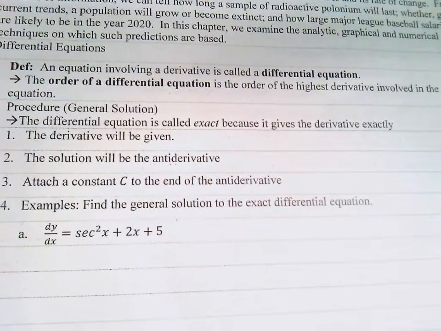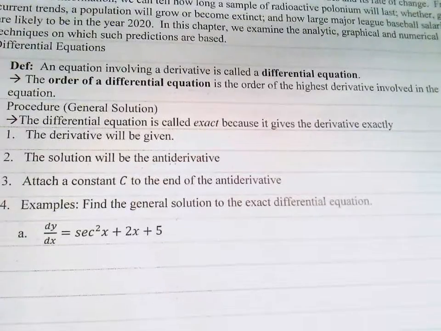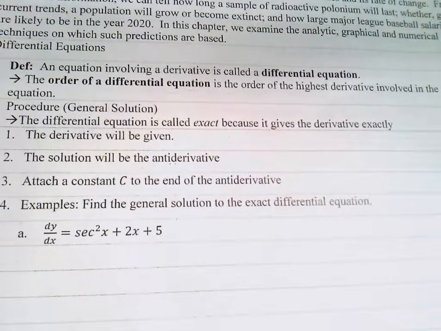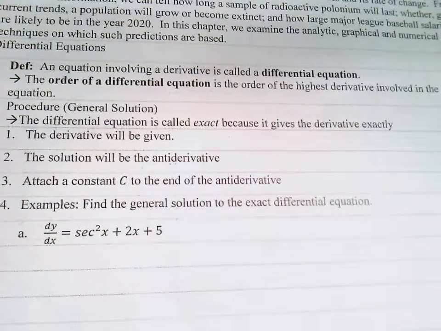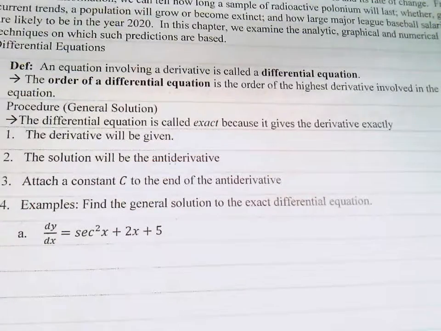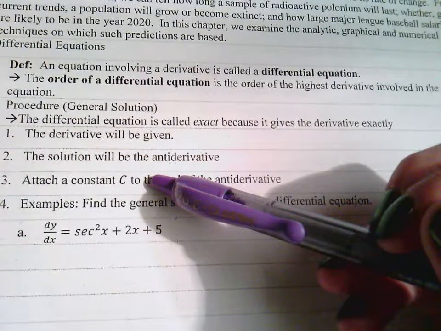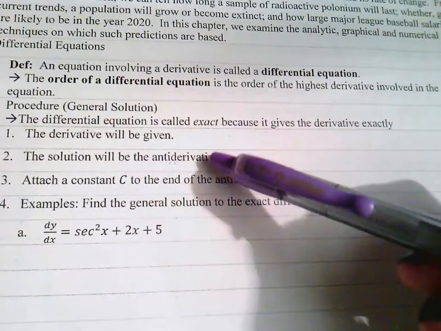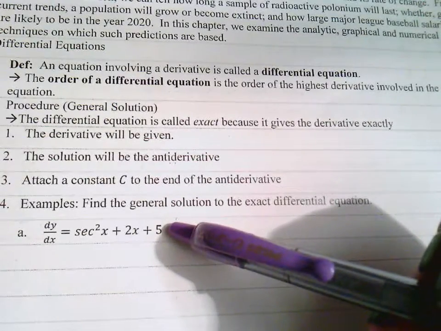So to find the general solution, the differential equation is called exact because it gives the derivative exactly. So how to find it? That's going to be what the derivative is exactly, which is why we attach a constant c to the end. Because you're going to find the antiderivative, so we're going to integrate this, and you're going to get 5x.